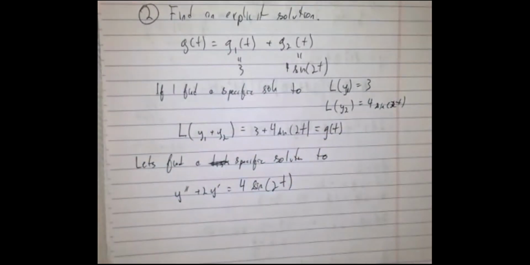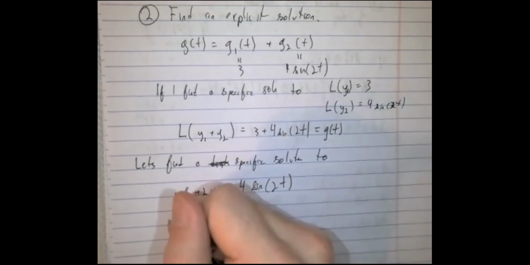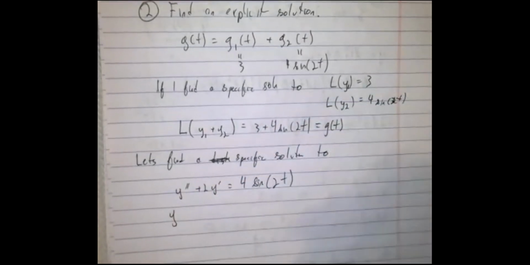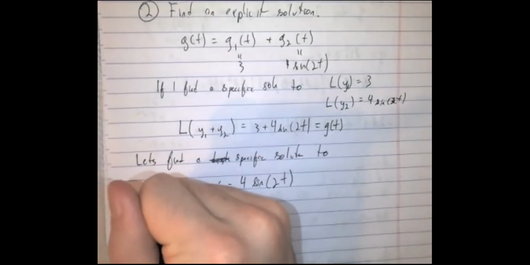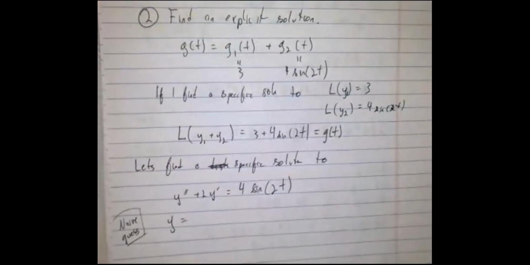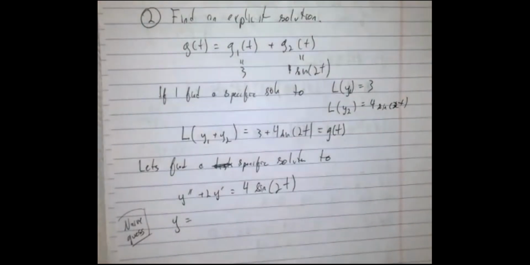What should I guess as a naive guess for y? Something like a sine of 2t. Something like a sine of 2t would be very good, and that's part of what we should guess.